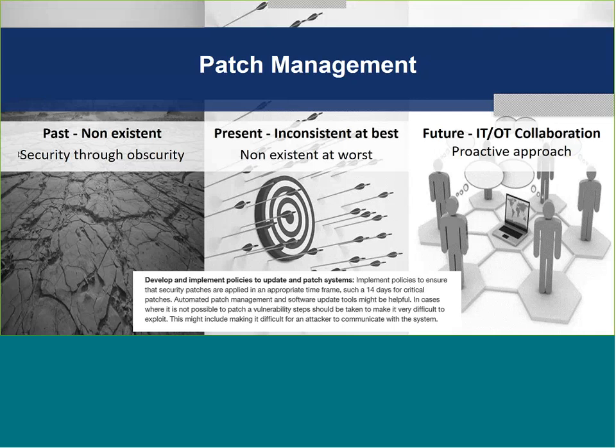Moving on, we see the future as a collaborative approach between OT and IT. We recommend that OT take a proactive role in taking responsibility for patch management for the control system. Otherwise, they run the risk of IT being dominant and not considering the OT implications of a forced patch on all servers during a batch production, for example.